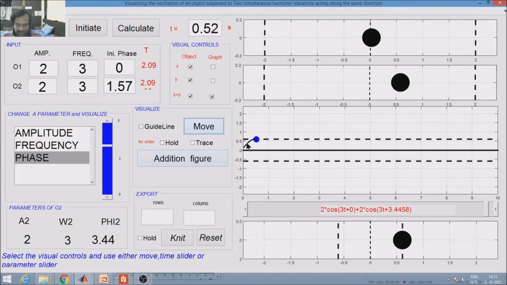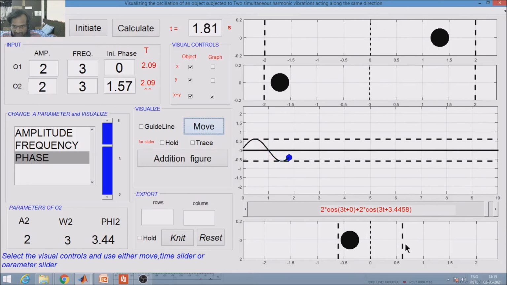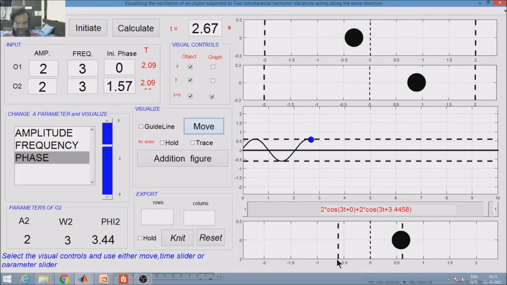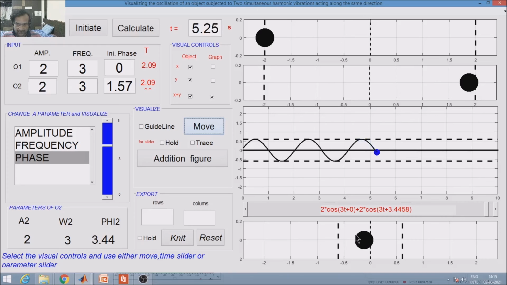You can see the amplitude is very small. It is going between two limits, around 0.6 to minus 0.6. So when frequencies are same and amplitudes are also same, the amplitude of the combined motion can be 0 to maximum, that is 4.